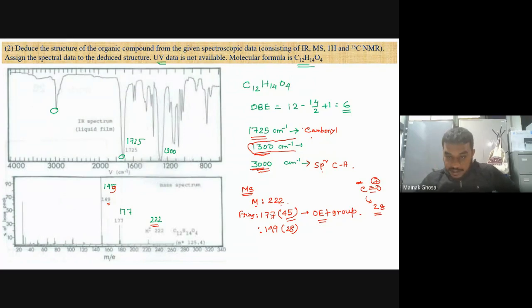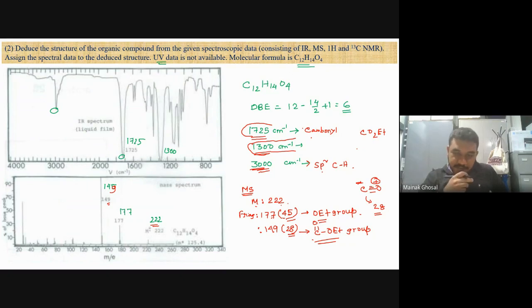So there is a mass loss of 45 initially, followed by a mass loss of 28 in the next stage, which clearly indicates the possibility of this group being present. Also in the IR spectrum, you have seen that carbonyl functionality could be present. So this group is present in the molecule. One group you have identified: CO2Et.